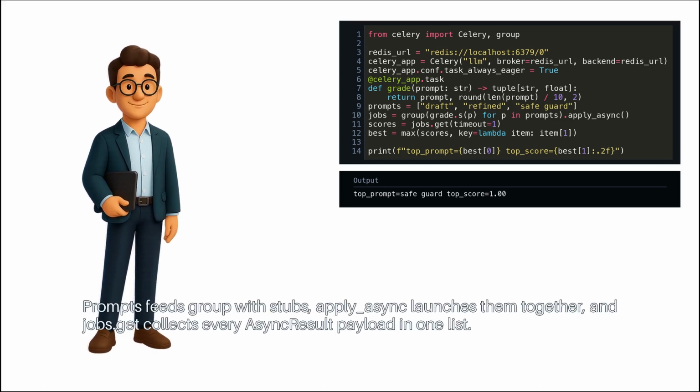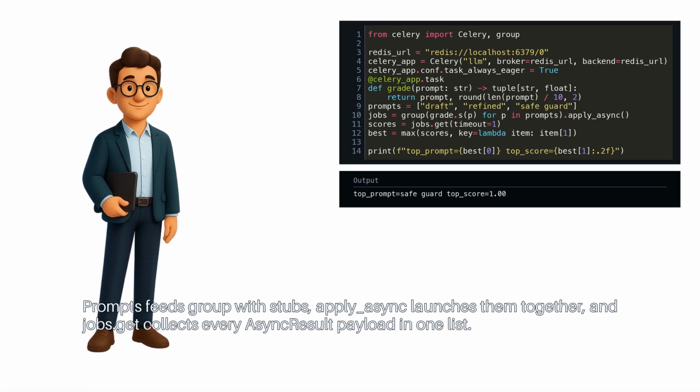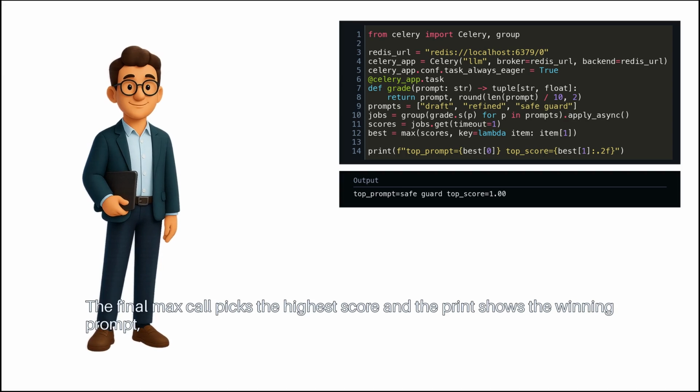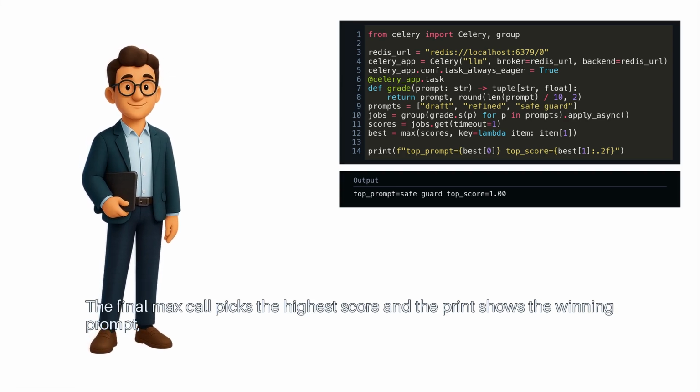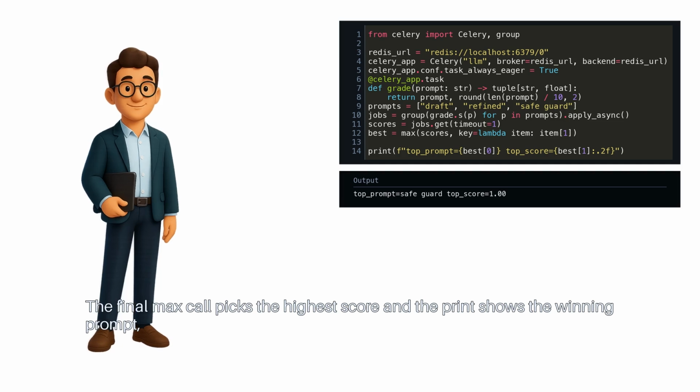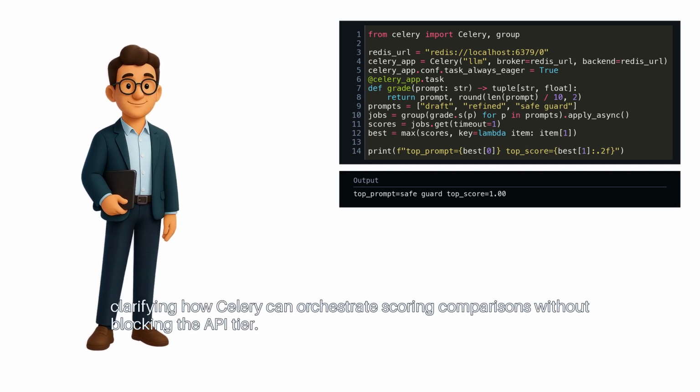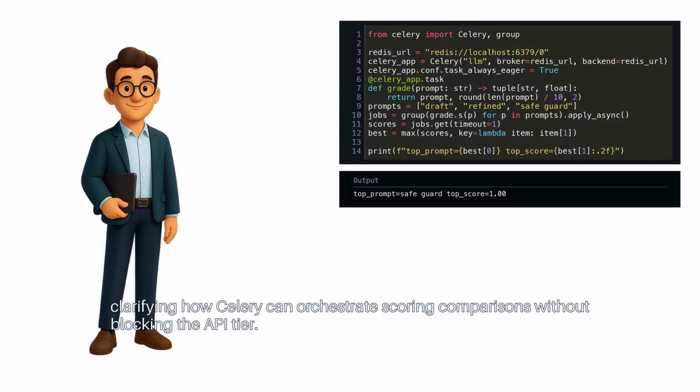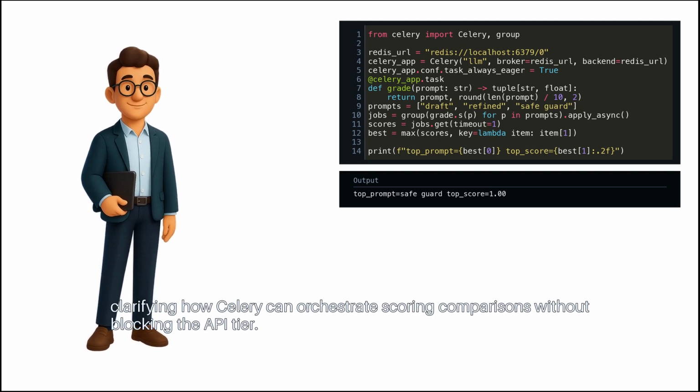Prompts feed a group with stubs, apply_async launches them together, and jobs.get collects every async result payload in one list. The final max call picks the highest score, and the print shows the winning prompt, clarifying how Celery can orchestrate scoring comparisons without blocking the API tier.